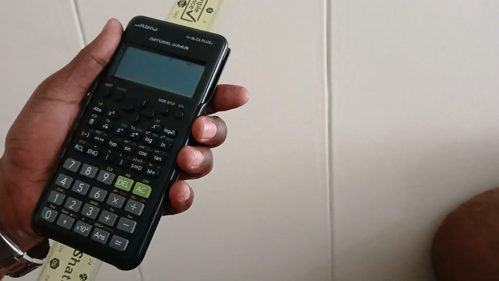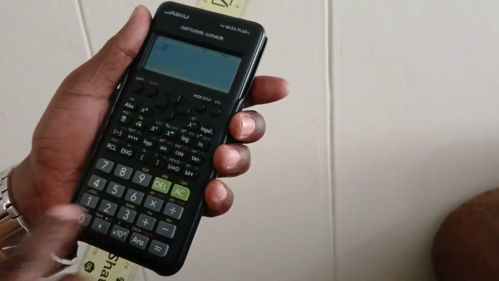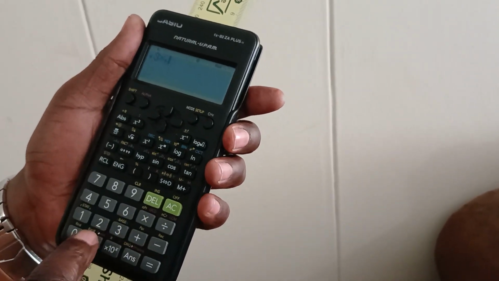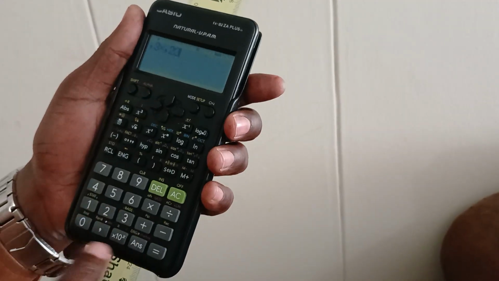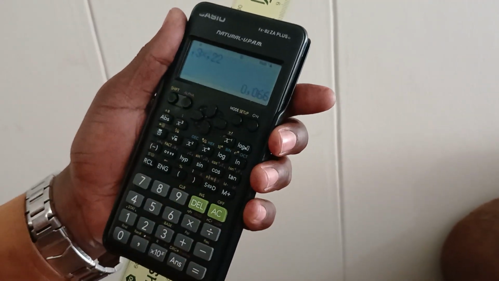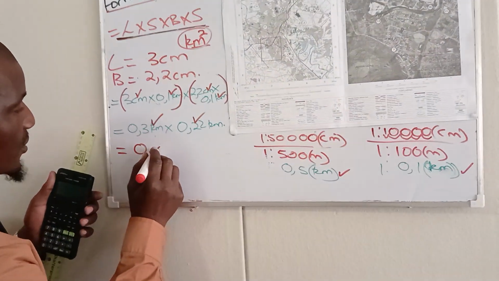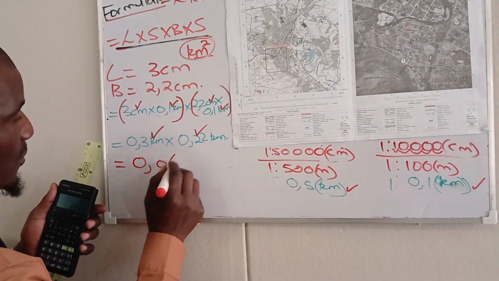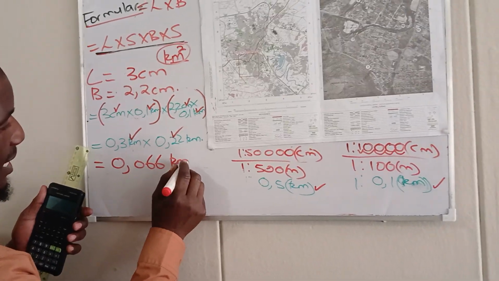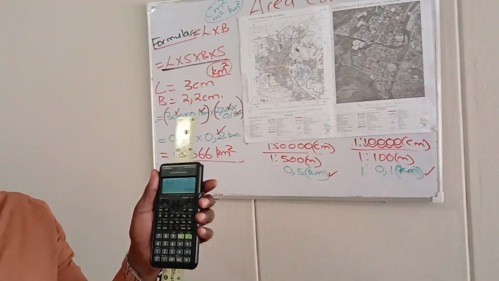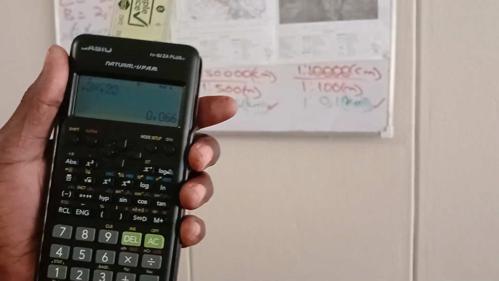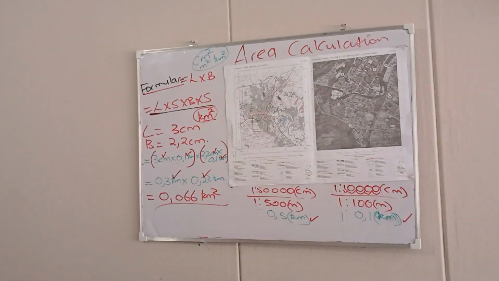I'm now going to calculate my answer. 0.3 multiplied by 0.22. What is my answer? You can see now I've got 0.066. My answer is in square kilometers.